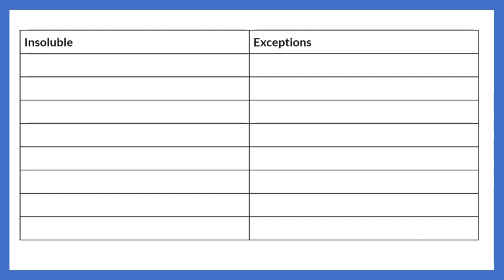Okay, so then these are the insoluble compounds. So these are typically compounds that will not dissolve. They will create those crashed out precipitates, those solids. So carbonate, phosphate, C2O4 2-, chromate, sulfide, hydroxide, and oxide.